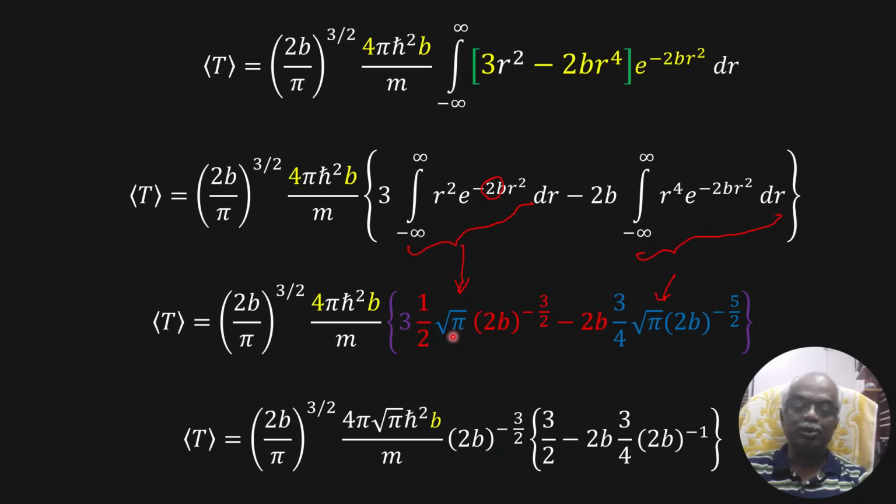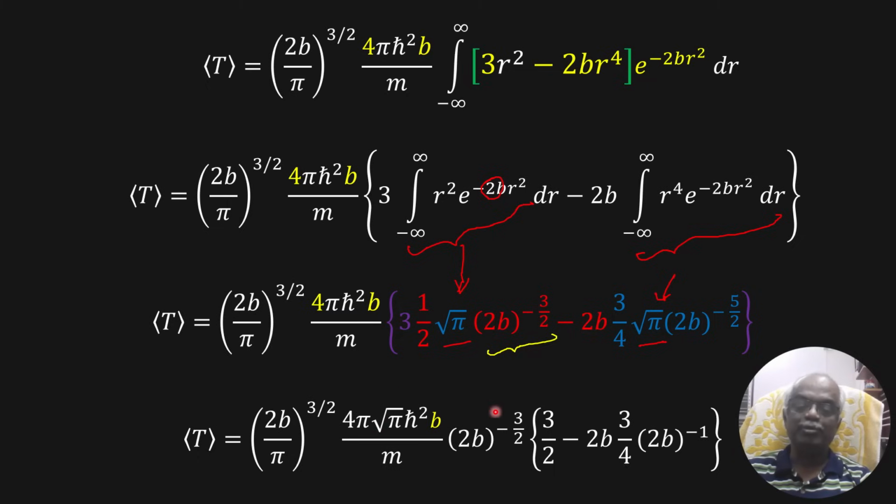Then this square root of pi also I am going to take outside. Here I have square root pi and here square root pi, and I take the 2p power minus 3 by 2 outside. Here I have taken pi also outside.